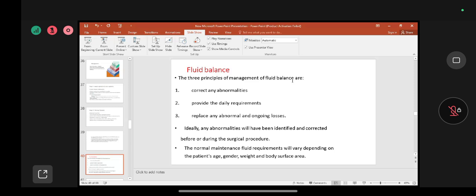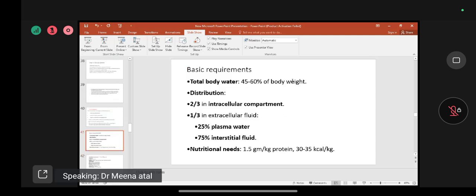The normal maintenance fluid required will vary depending on the patient's age, gender, weight, and body surface area. Total body water is 45 to 60% of the body, distributed two-thirds in the intracellular compartment and one-third in the extracellular compartment.